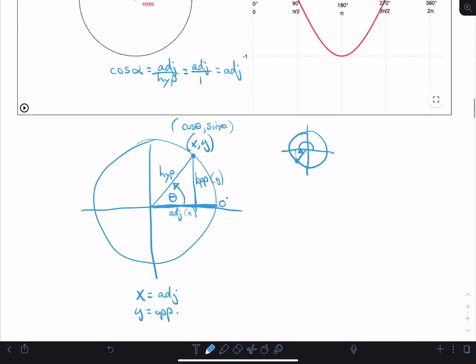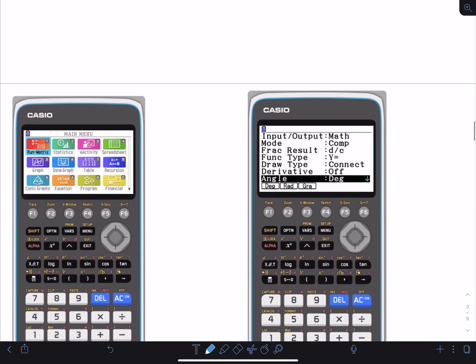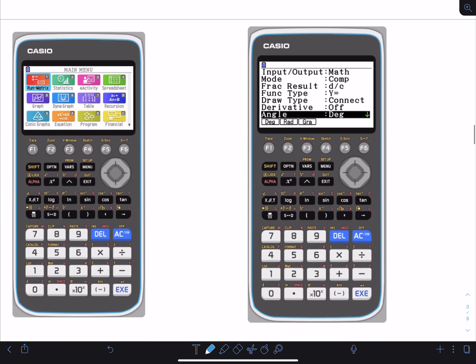Oh, very important here. If we're going to start working with angles again, always make sure that you are in degrees. If you're using radians, make sure you're in radians if you're measuring radians. But if you're using sine, cosine, or even tangent, make sure you know that you're in degrees. And the way you do that, for Casio people, you just go to your normal home screen where you do your normal calculations, which is this one here, run matrix.